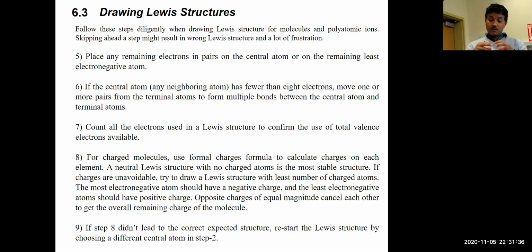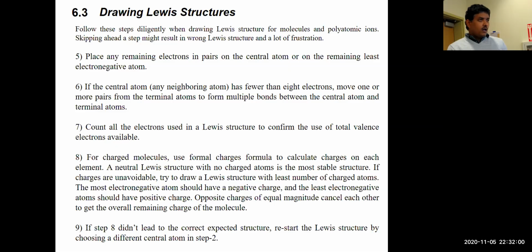So that's why we try to keep the charges as low as possible, or neutral if at all possible. So 7, 8, and 9 are not really steps. Until 6, there are the steps, and 6, 7, 8, 9 are kind of like checking for correctness.